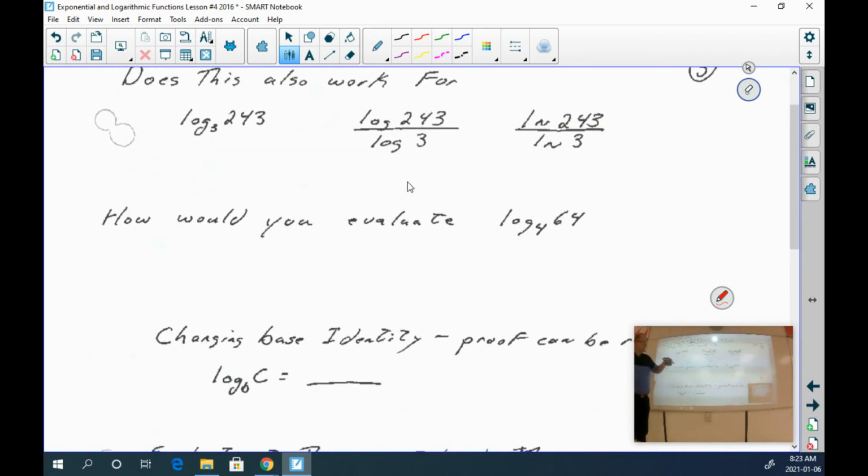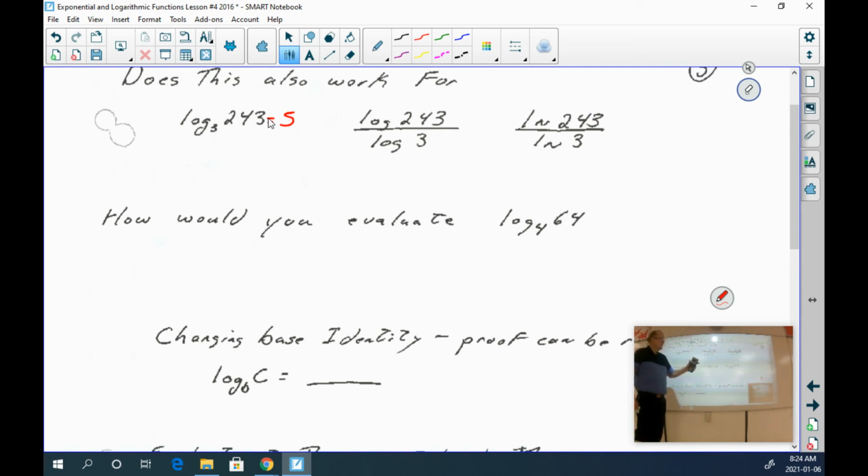Power of 3 that gets you to 243. 3 times 3 is 9, times 3 is 27, times 3 is 81, times 3 is 243. So the power of 3 that gets you to 243 is 5.